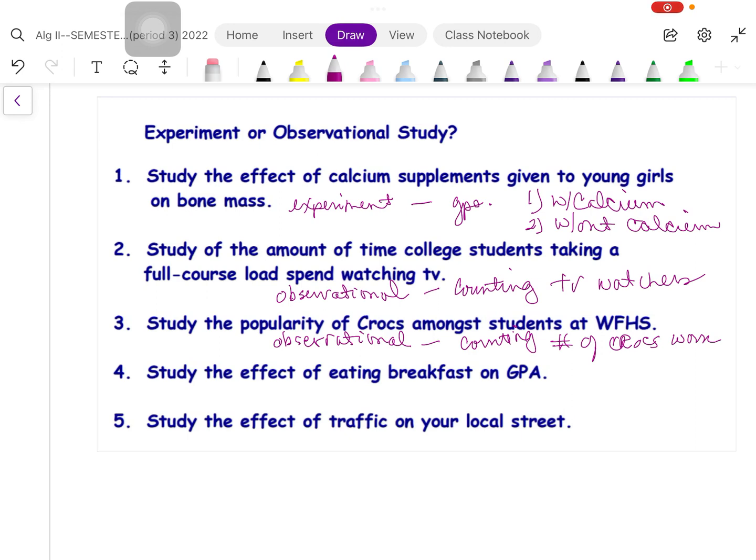The fourth one, I'm going to study the effect of eating breakfast on a GPA. Would you run an experiment or an observational? Now, I've had people argue for both.